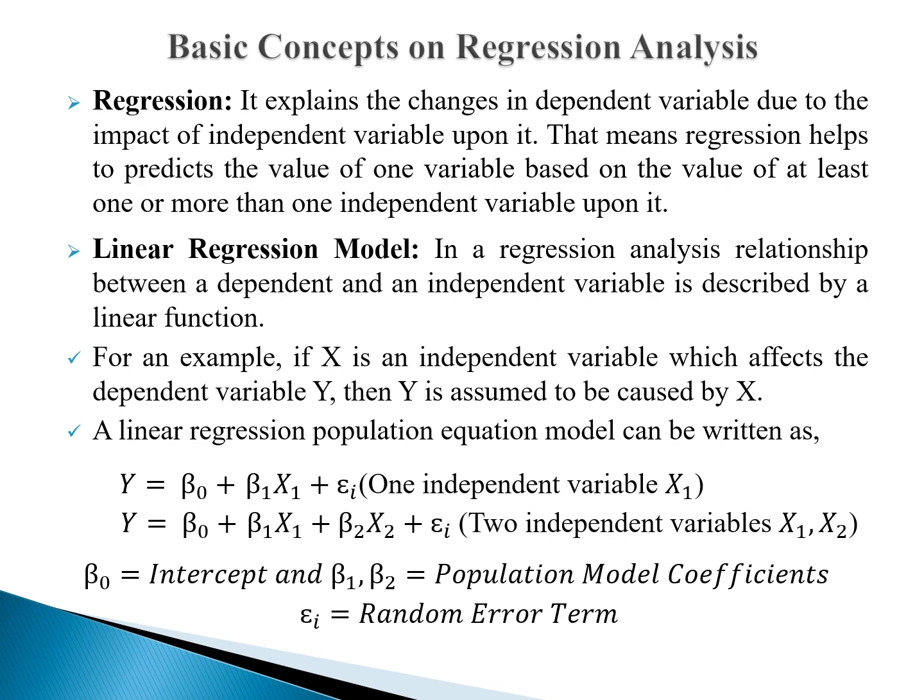Here, beta naught represents the intercept of the given linear equation. Beta 1 and beta 2 are the population coefficients associated with the independent variables. These are also regarded as slopes, and eta i is the random error term.